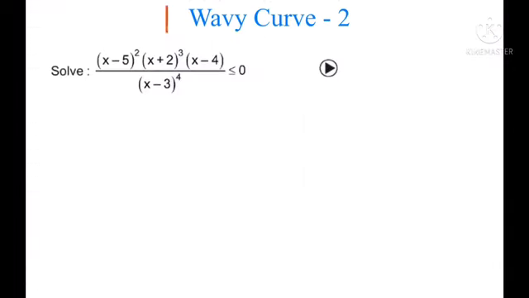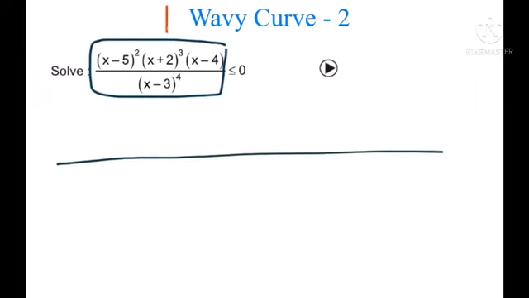Let's solve this question. We need to find the value of x such that this expression is less than or equal to 0. The sign scheme of this and the sign scheme of it, if we take this part on the numerator, is the same. The change points are -2, then 3, then 4 and 5.